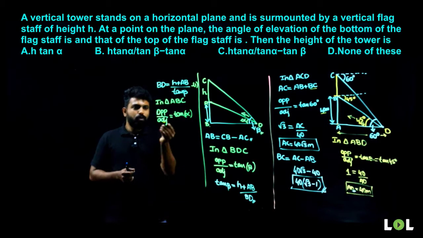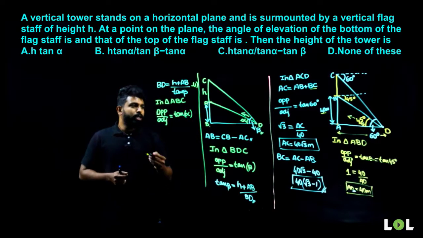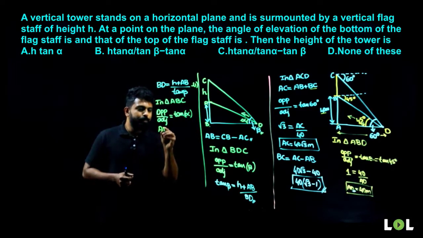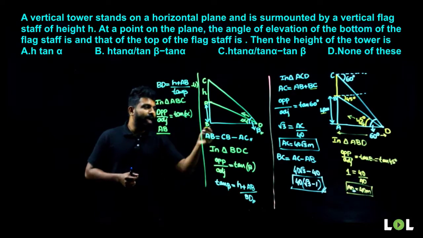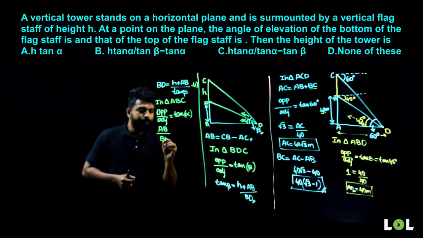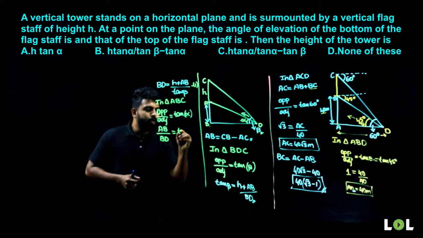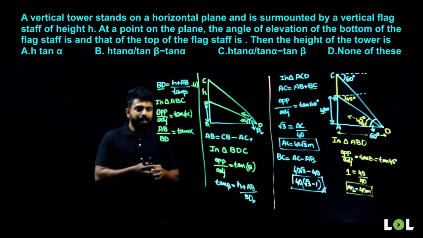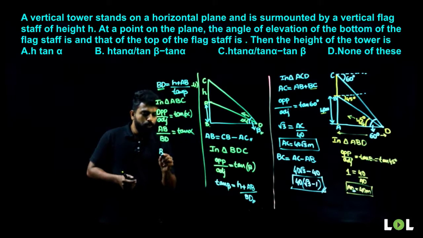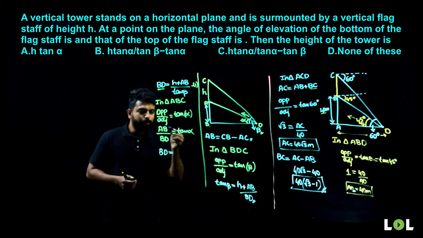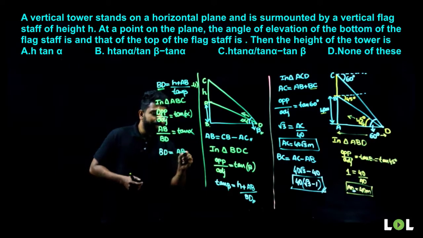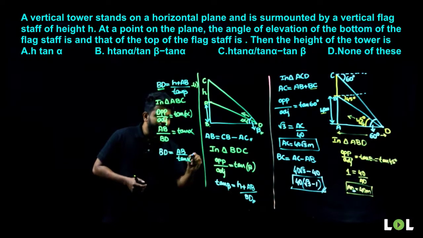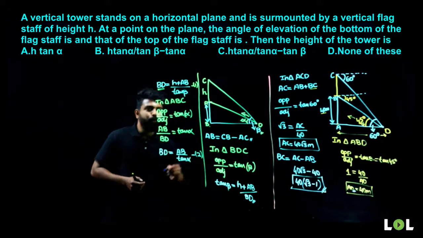Opposite is AB divided by adjacent BD, equal to tan alpha. We know the common side is BD, so BD will be equal to, if I cross multiply, AB divided by tan alpha. I'll consider this as my equation 2.